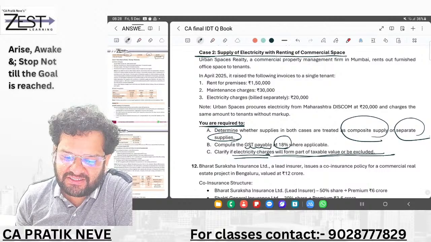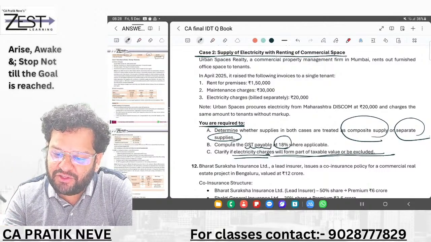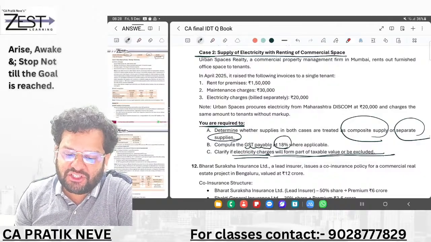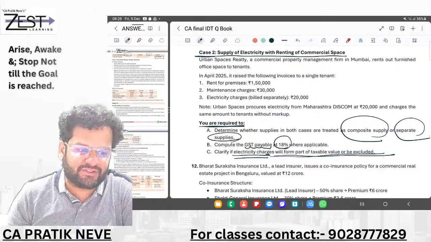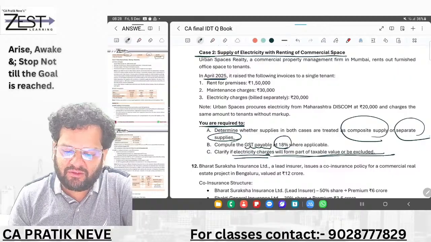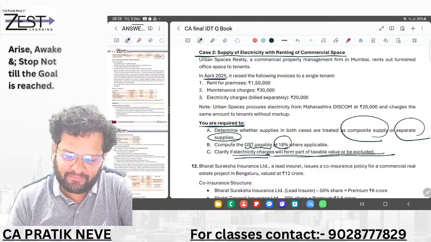Urban Spaces Realty, a commercial property management firm in Mumbai, rents out furnished office space to tenants. In April 2025, it raised the following invoices to a single tenant.